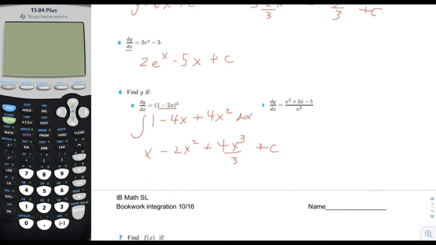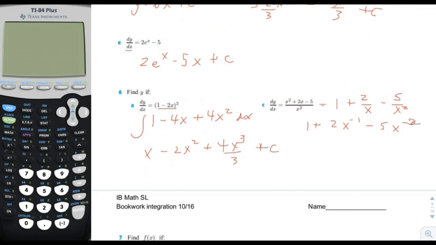Last one. So again, we don't know how to use product or quotient rule for integration, so we just divide it all out. So this will be 1 plus 2 over x minus 5 over x squared. So we could rewrite that as 1 plus 2x to the negative 1 minus 5x to the negative 2.